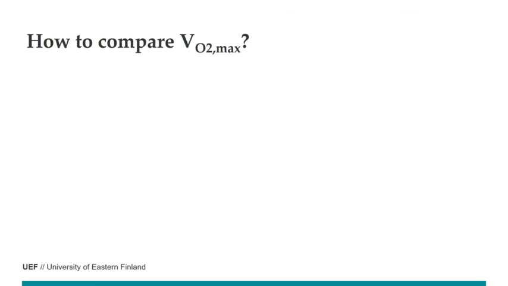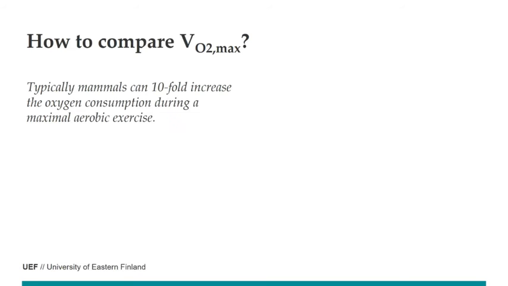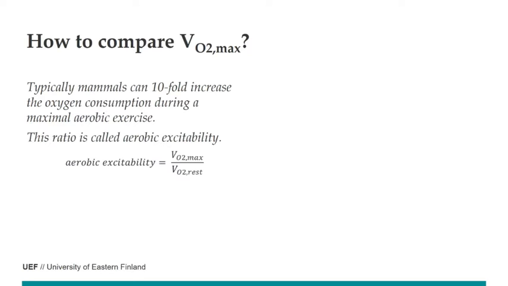We have two ways to compare the maximum rate of oxygen consumption. First of all, we have the rule of thumb. In mammals, it's usually a 10-fold increase in oxygen consumption during maximum aerobic exercise, and this is a ratio, so it depends on our resting level metabolism.